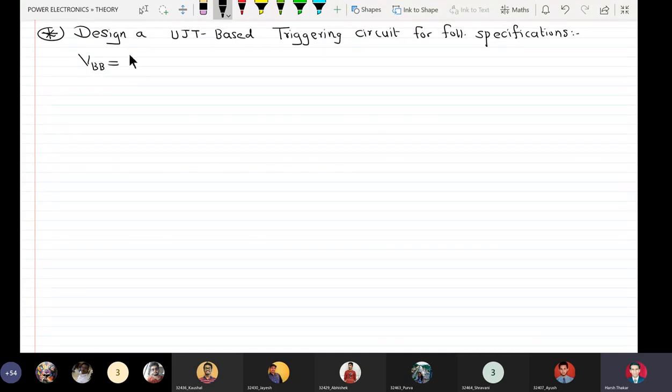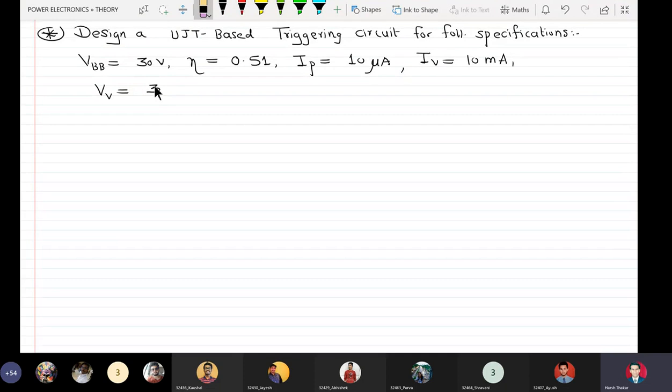Given VBB equal to 30 volts, intrinsic standoff ratio eta is equal to 0.51, IP, that is the peak point current, is equal to 10 microamperes, valley point current is equal to 10 milliamperes, valley point voltage is equal to 3.5 volts.